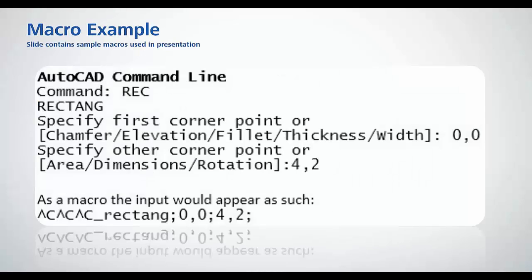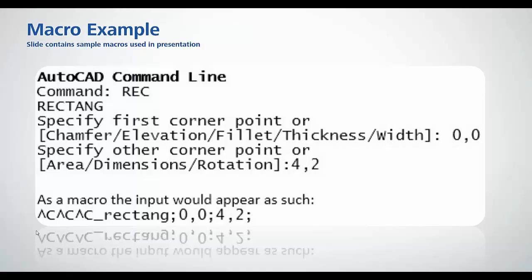So not to PowerPoint you to death, but here's a macro example. Okay, and let's say you have something like the rectangle command, and this of course is very basic here. And it prompts you for a first corner point. So you type in something like 0,0. All right, and then the second corner point, and you type in 4,2. If you're doing that over and over again, and you probably wouldn't with this example, but something similar, then why not automate it?